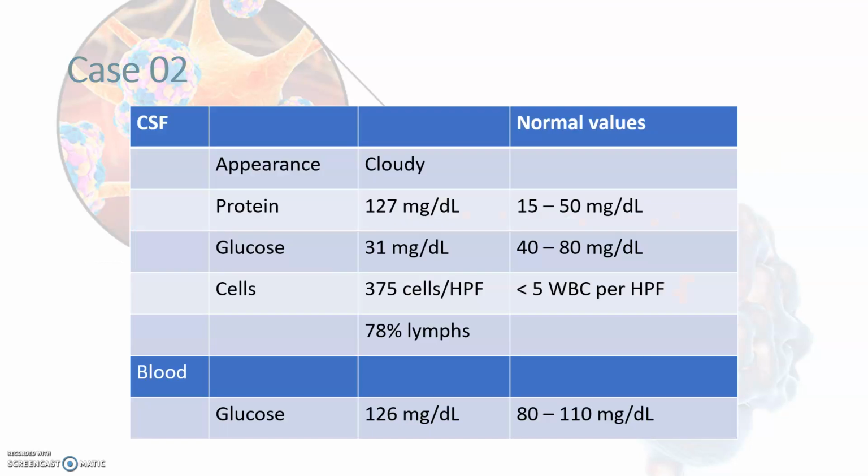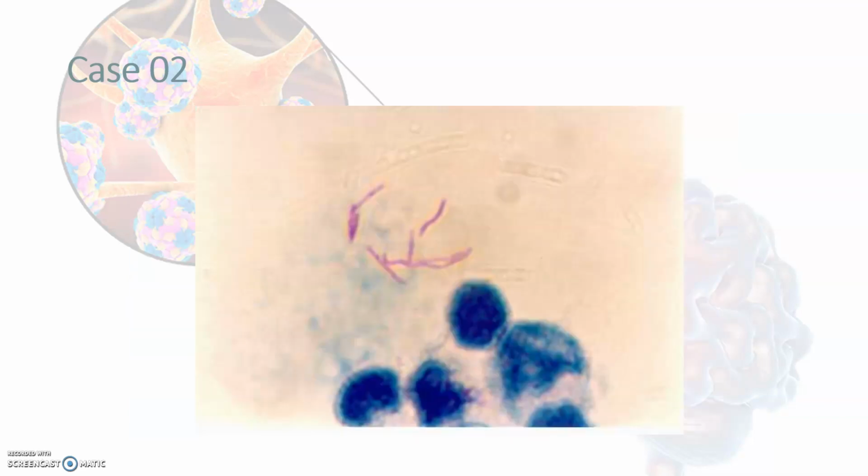His CSF shows a moderately elevated protein count, low glucose, high cell count predominated by lymphocytes, and a CSF to blood glucose ratio of less than 50%. And microscopy shows these organisms.